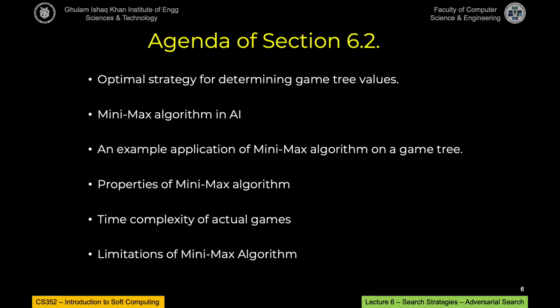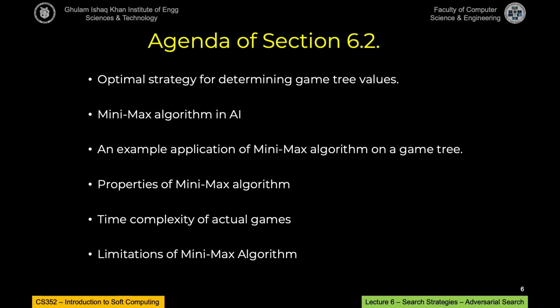So let us start by looking at an actual algorithm that is used to find the maximum utility of a given position in a given game. In that regard, we'll first start with what an optimal strategy for determining game tree values would be, and what result we expect on a game tree at the root node for a particular position.